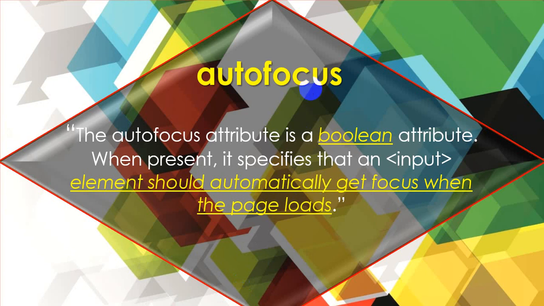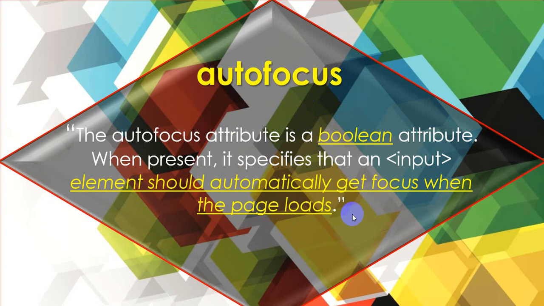The autofocus attribute is a boolean attribute, meaning we have to assign whether autofocus is off or on. When present, it specifies that an input element should automatically get focus when the page is loaded.